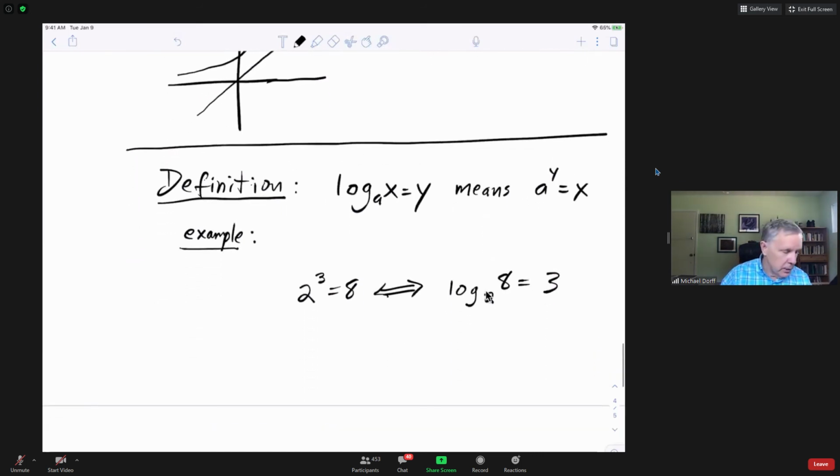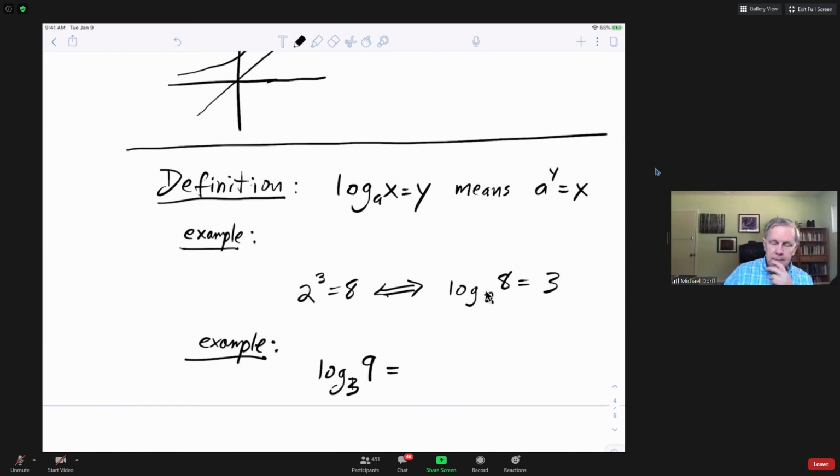Now, where it comes in useful here is, let me give you another example so you can figure this out. Suppose I gave you log base 3 of 9.